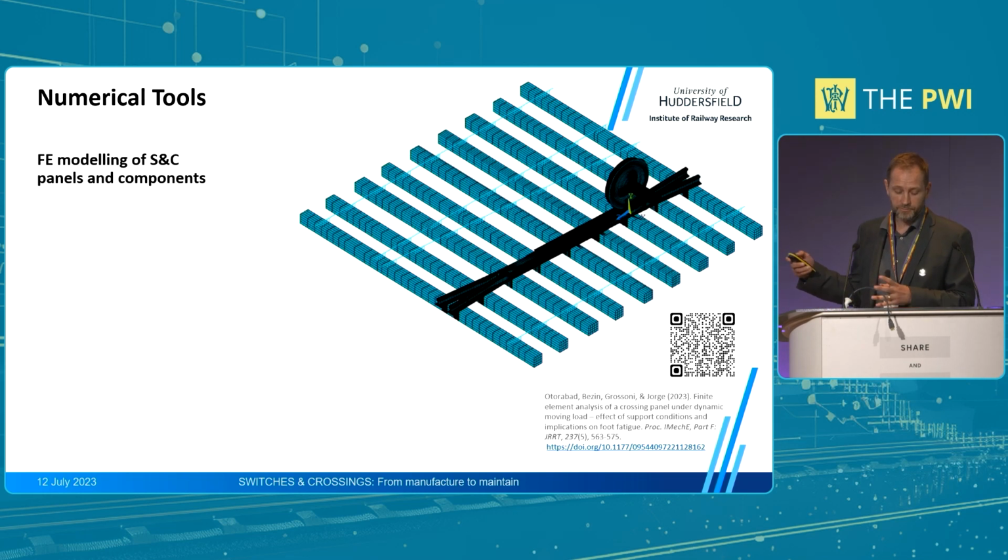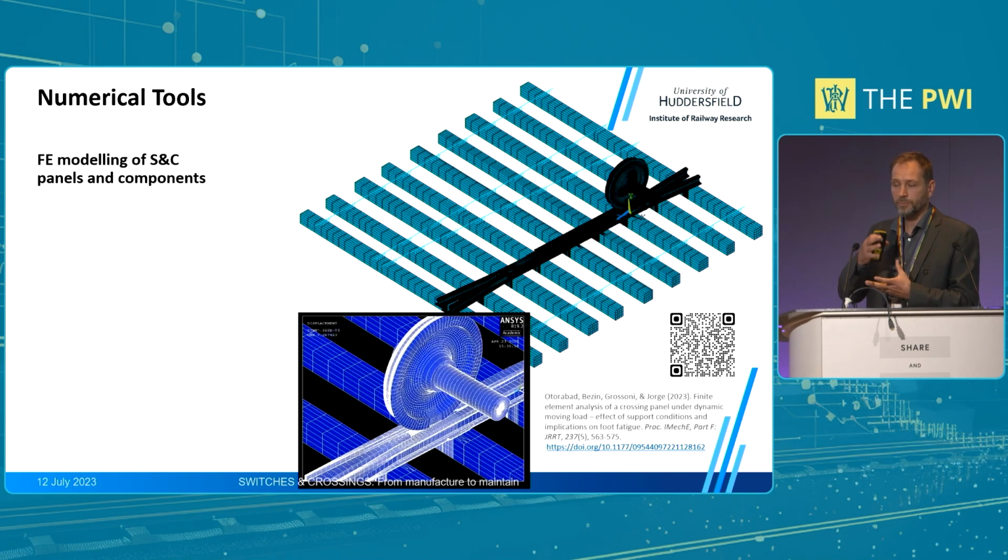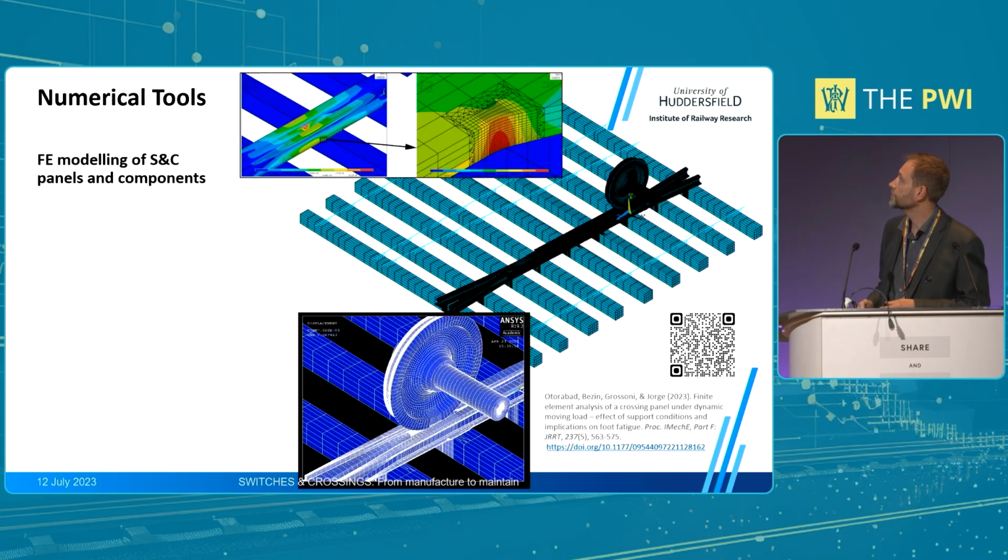Eventually, the most complicated or advanced simulation tool is finite element based. This is a crossing panel with a wheel rolling over the crossing area. So that's again more detail. You would look at the very short P1, P2 impact over a short period of time. But you can get stresses in the components of interest that are subject to failures and look at specific design refinements.